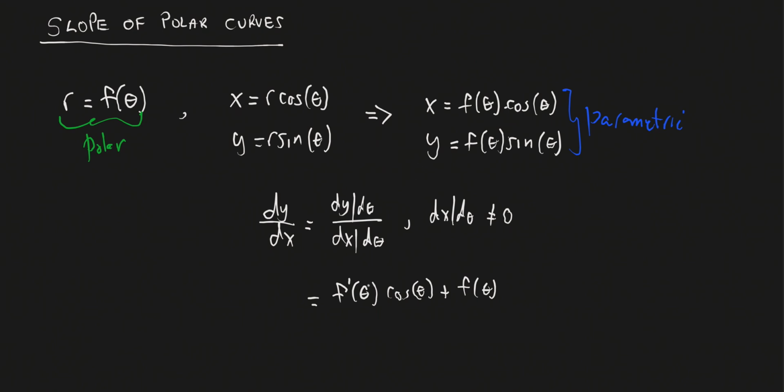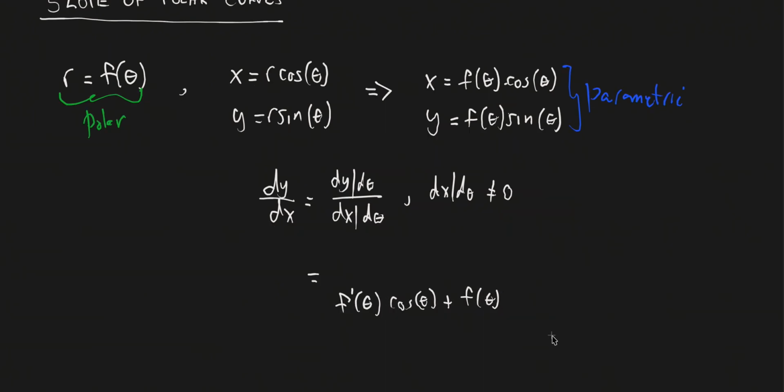I'm glad I caught that. Let me just move it down a little bit, because that's actually going to be the denominator, right? That's going to be our dx d theta. So I'm setting up my fraction in a reverse way, but that's fine.